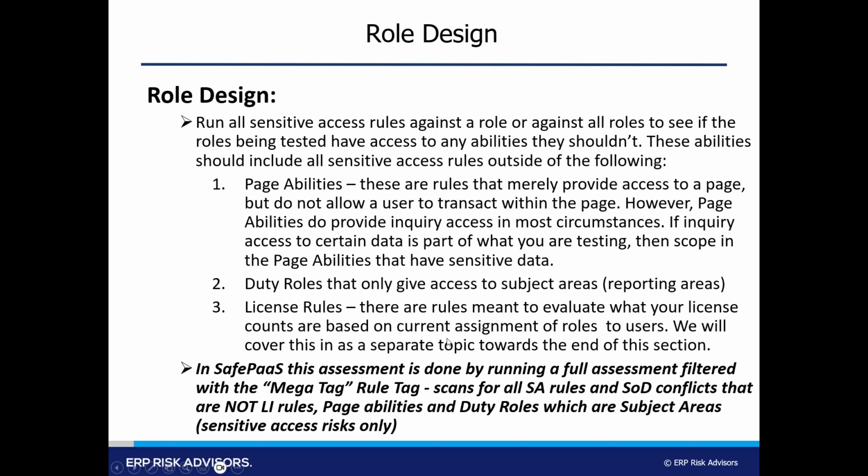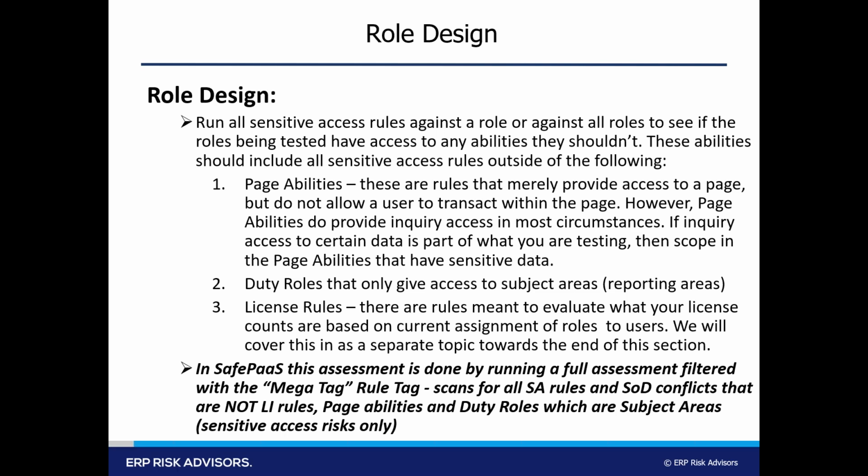So what we have pre-built for our partnership with SafePaaS is a mega tag that includes all sensitive access risks and SOD conflicts other than these abilities, so that we can holistically look at everything a role has access to, not just everything it has access to, but the things we can point out that have a risk where they shouldn't have access.